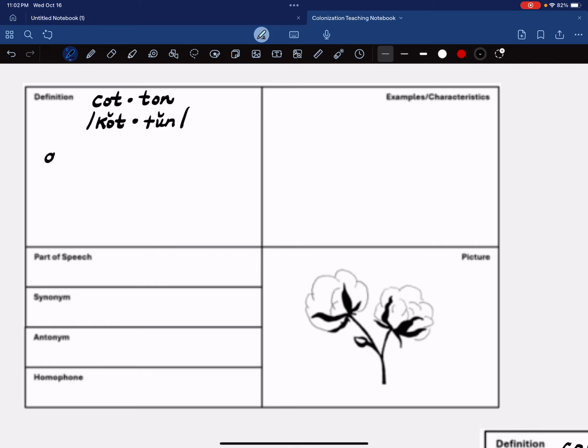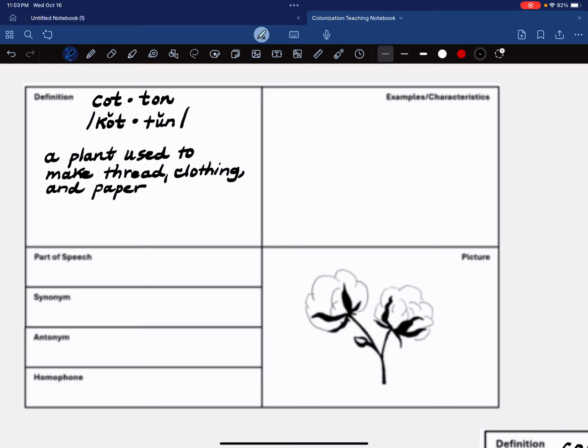is a plant used to make thread, clothing, and paper.